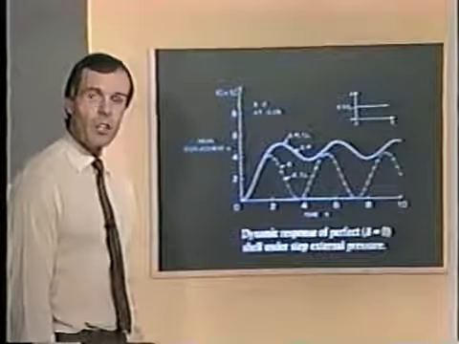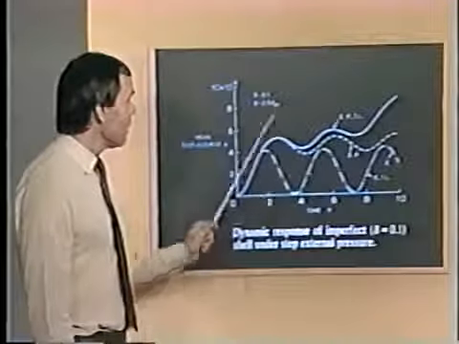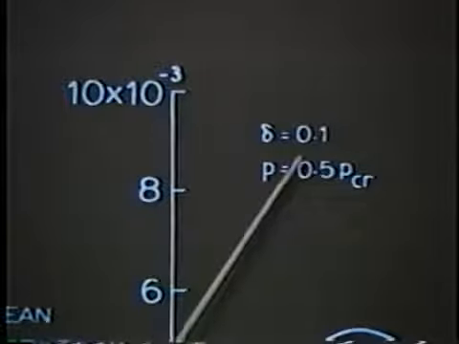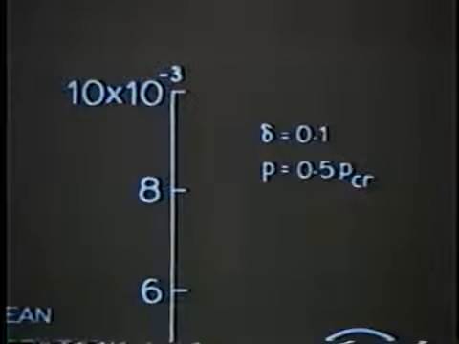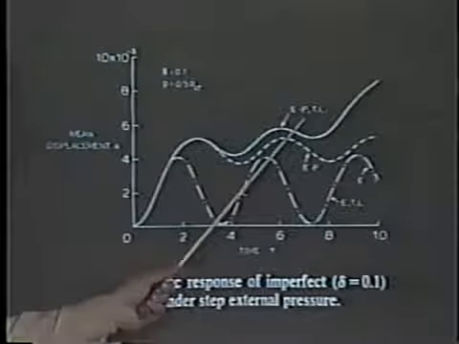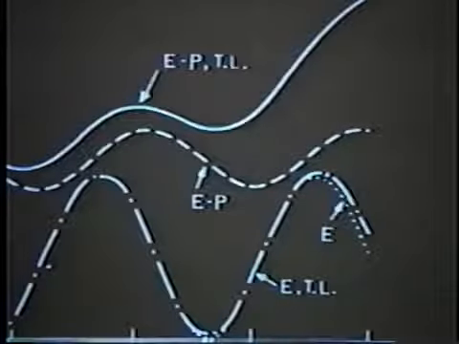The next slide now shows that as we increase the imperfection level from delta equal to 0 to delta equal to 0.1, the displacements of the shell using the EPTL solution or formulation increase with time.